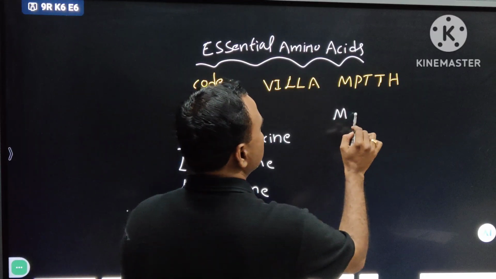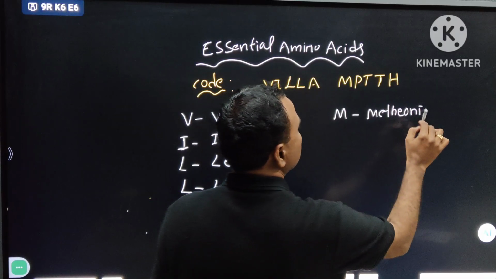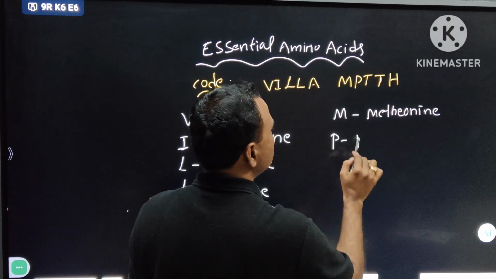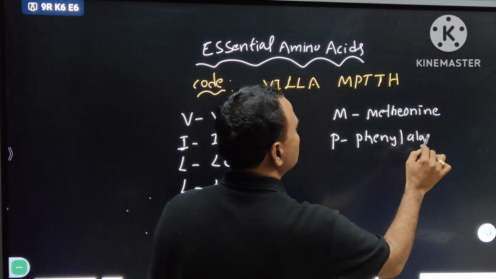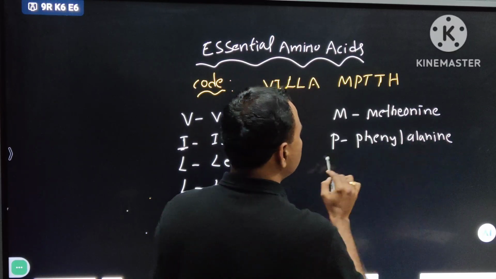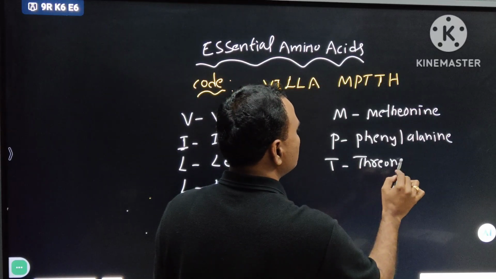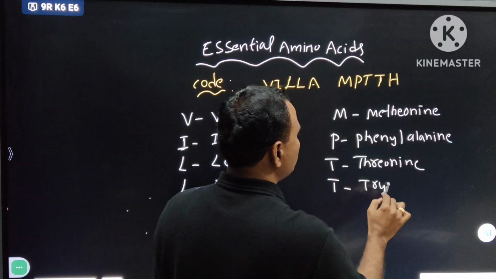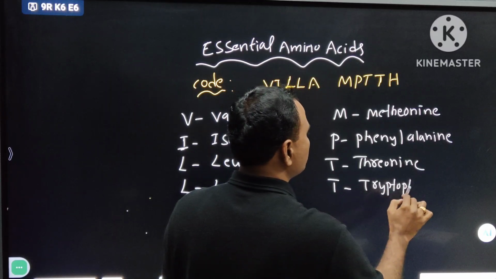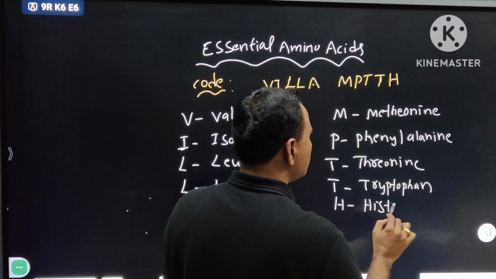M stands for methionine. P stands for phenylalanine. T stands for threonine, tryptophan. H stands for histidine.